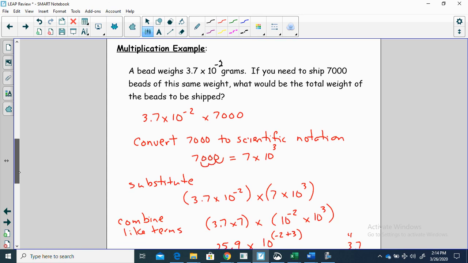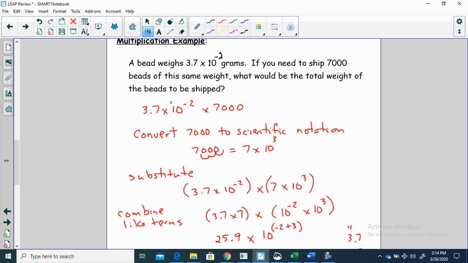What if we multiply? A bead weighs 3.7 times 10 to the negative 2 grams. If you need to ship 7,000 beads of the same weight, what would be the total weight of the beads to be shipped? We need to multiply 3.7 times 10 to the negative 2 by 7,000.